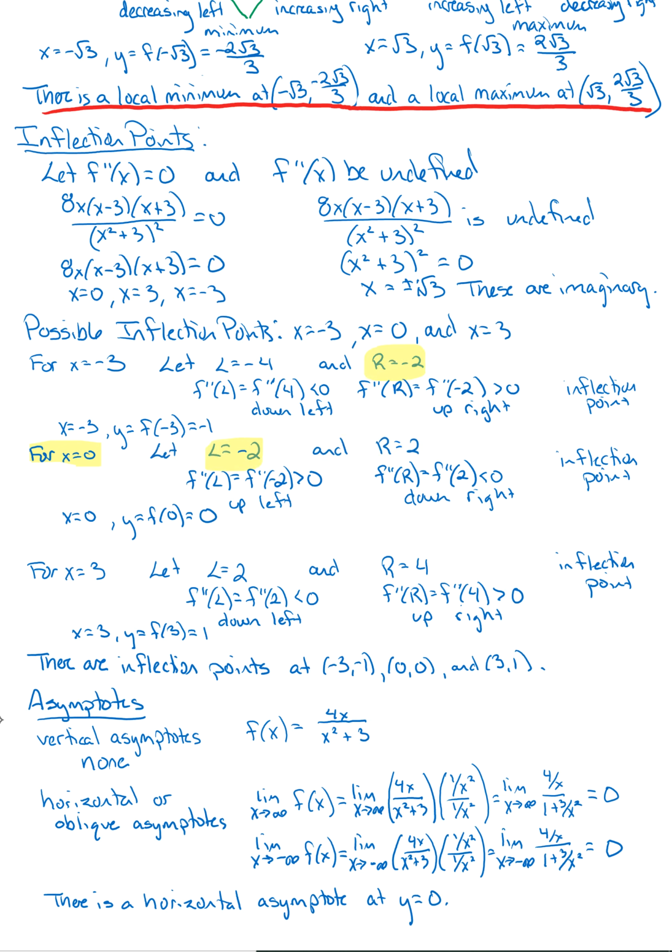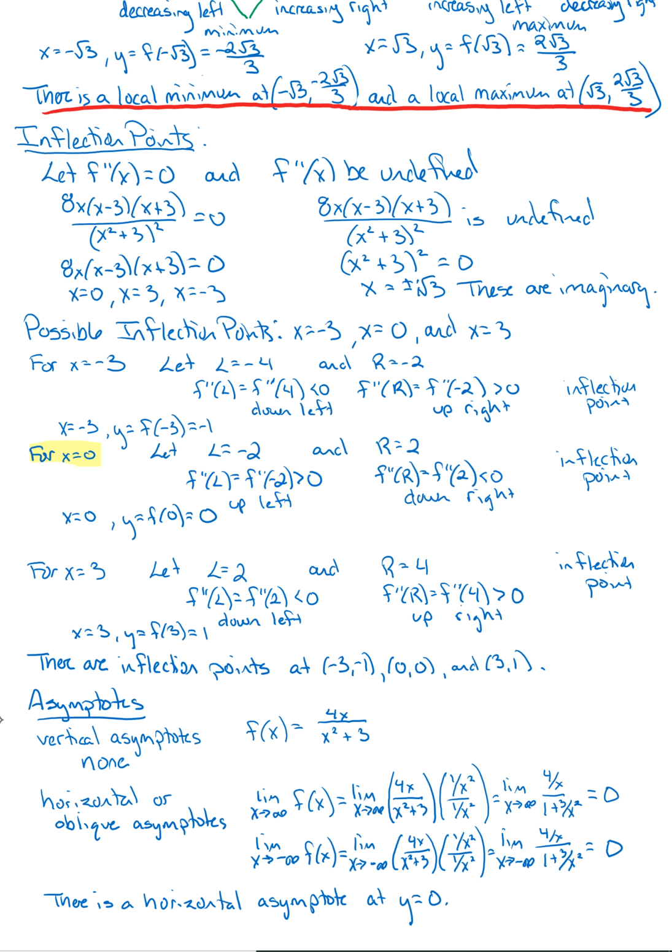It's going to make my computations a little bit easier. Now, I don't show those computations, but we put them into the second derivative, right? Evaluate that second derivative at these numbers. To the left, it is positive, which means it's concave up, and to the right, it's negative, which means it is concave down.